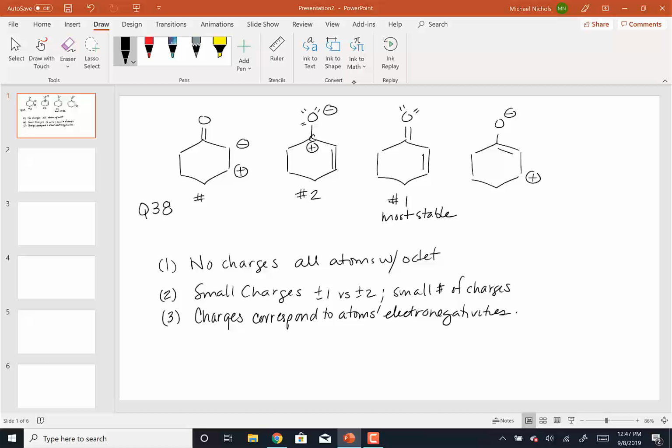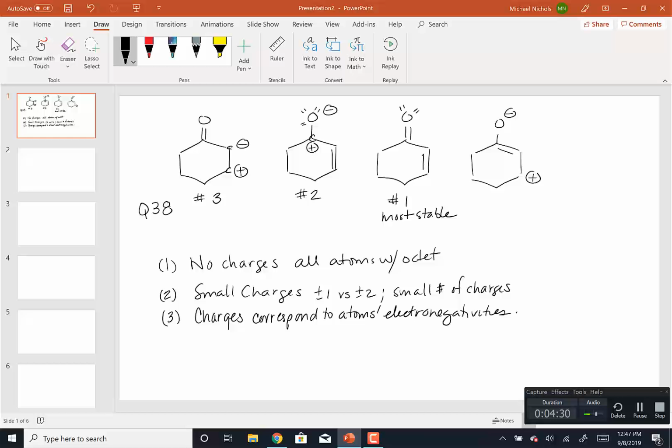This has the charges next to each other, but if we had 2 carbons next to each other, why would we take the pair of electrons in the double bond and give it to one carbon over another? They have the same electronegativity. So I could make an argument that this one would be number 3, based on the charges being next to each other.